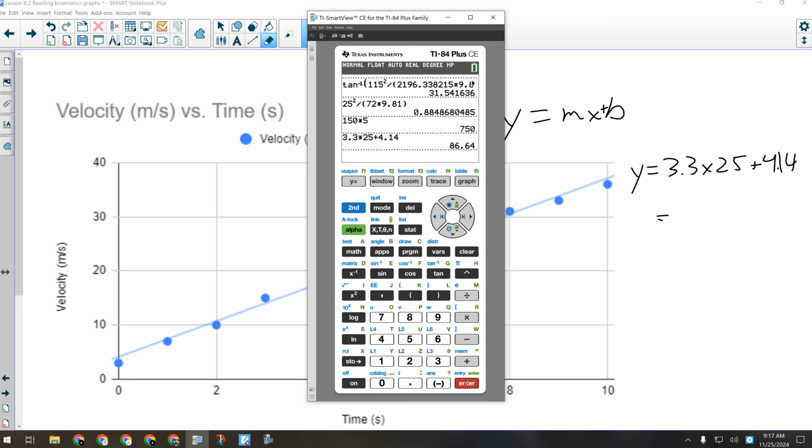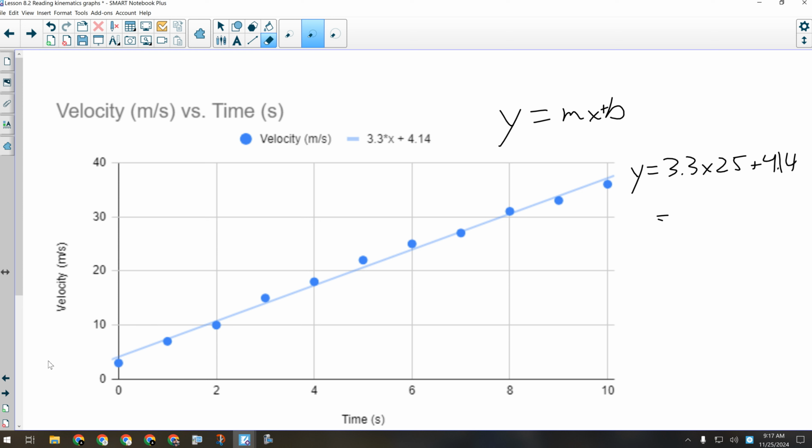All right, so after 25 seconds, it should be moving at positive 86.64 meters per second.